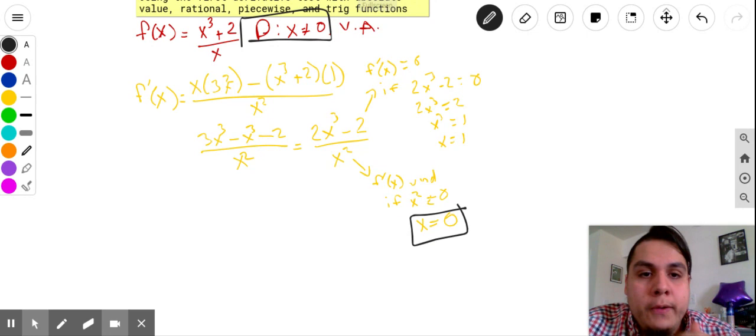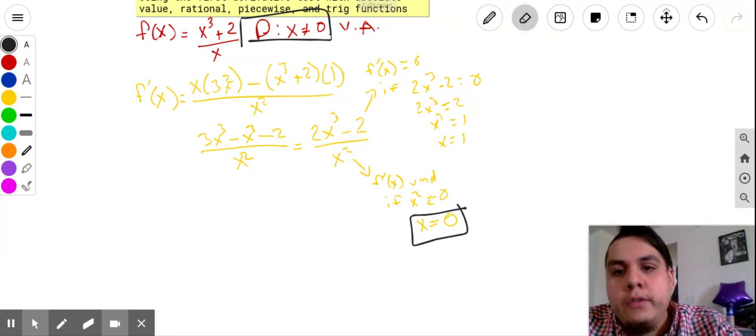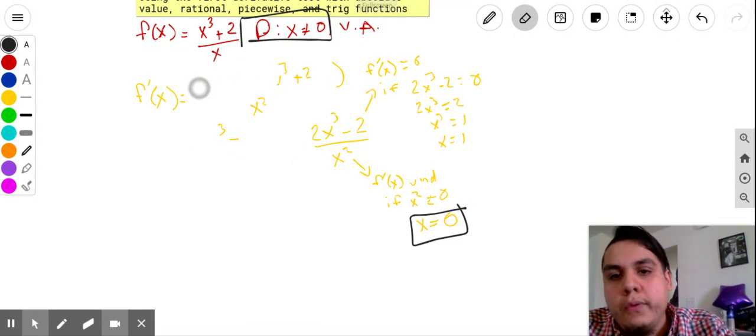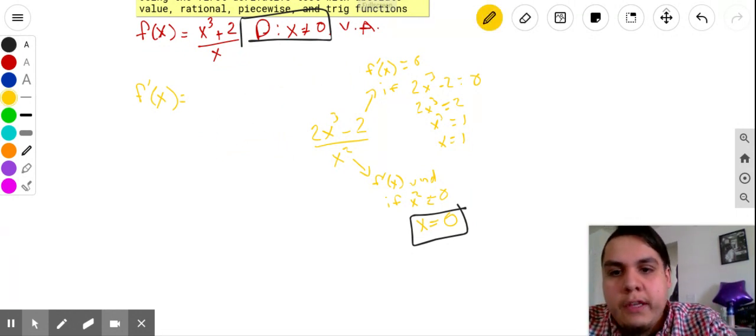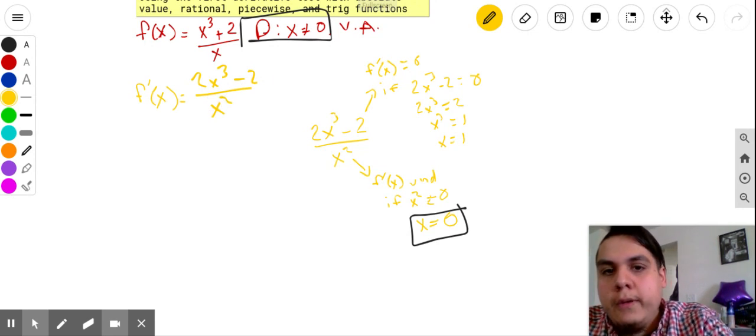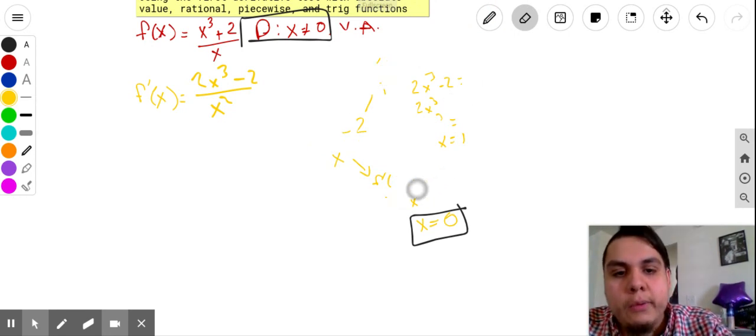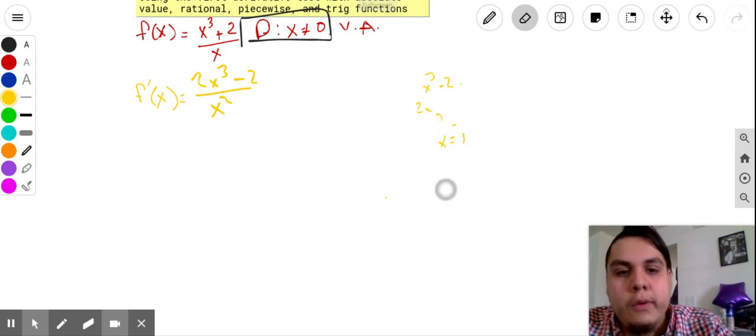So let's go ahead, and I'm going to erase a little bit because I need more room. So to summarize, we have our derivative equal to this thing in the yellow. We have it equal to 2x cubed minus 2 over x squared. And I know my critical numbers, well, technically my only critical number is 1, but I also have to talk about what happens when x is equal to 0. So I need to put 0 and 1 on my number line.